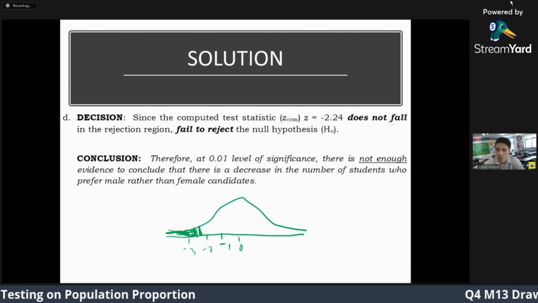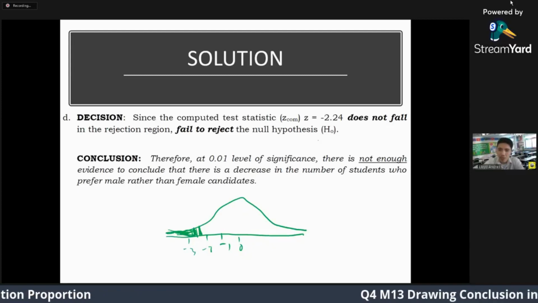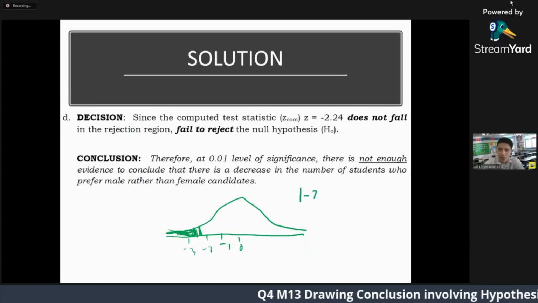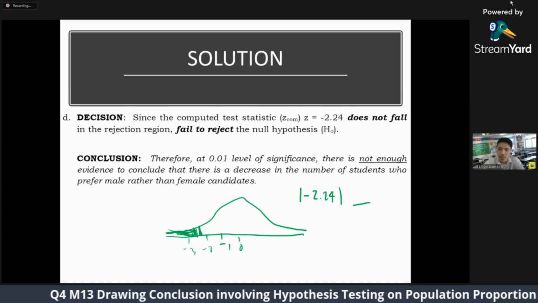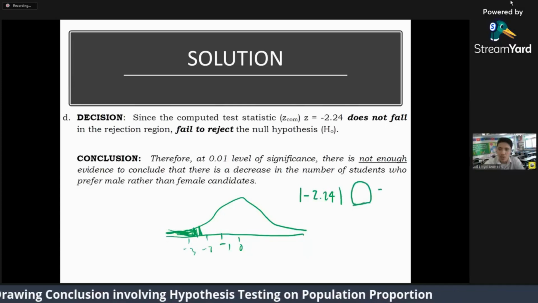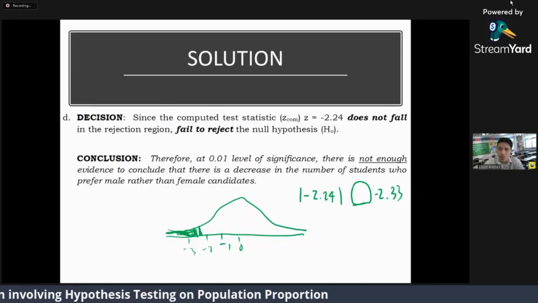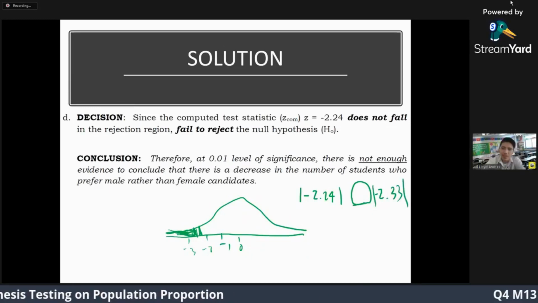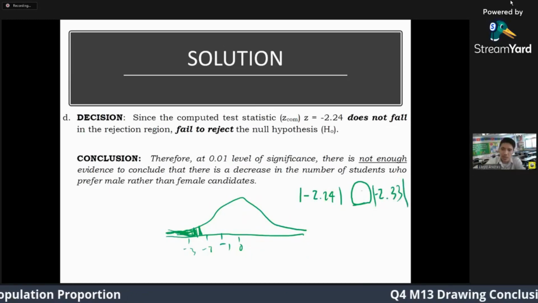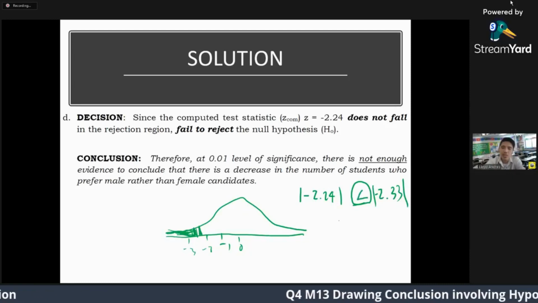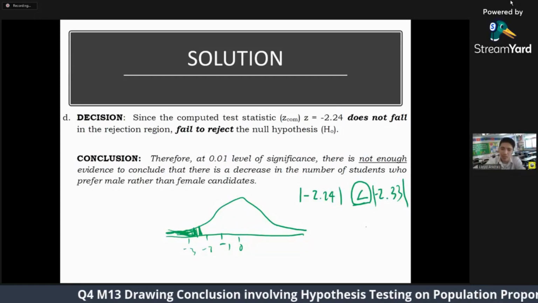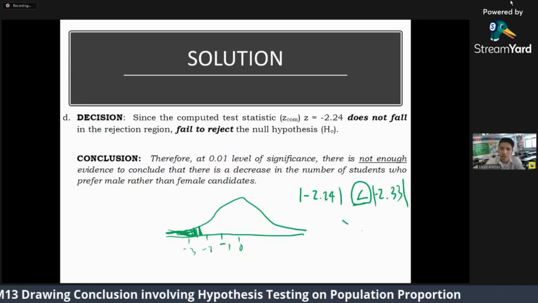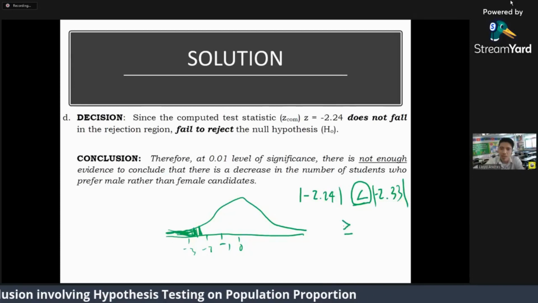Or if we compare, the absolute value of negative 2.24 compared to our 2.33 is smaller. So it is less than, so do not reject, because if it is greater than or equal, you reject the null hypothesis.